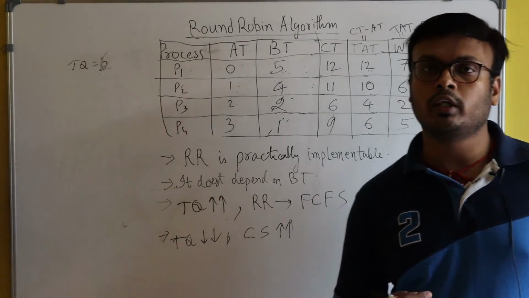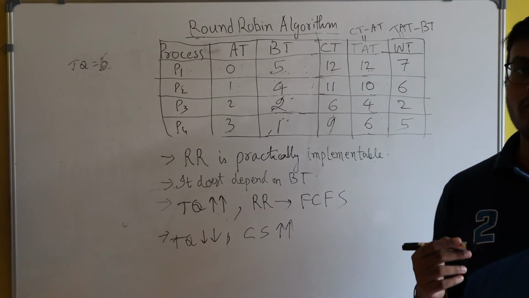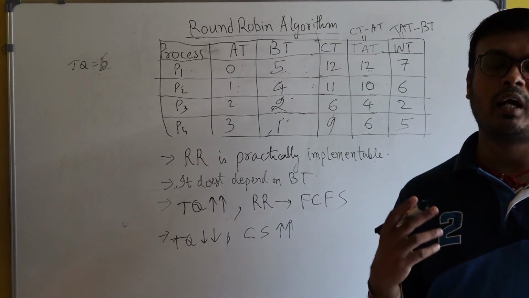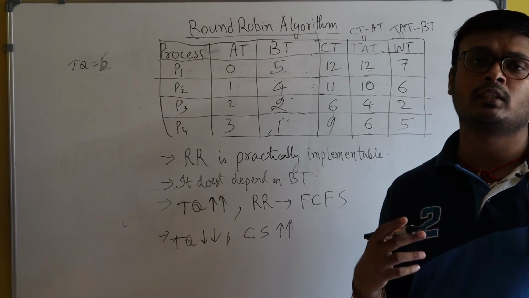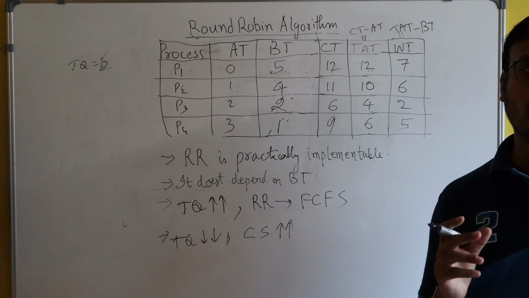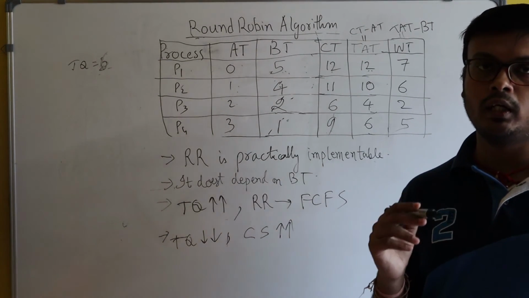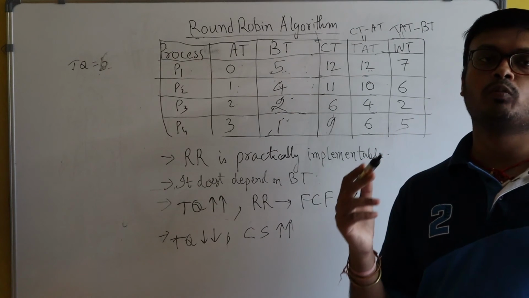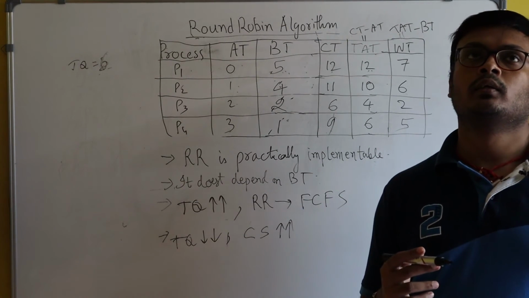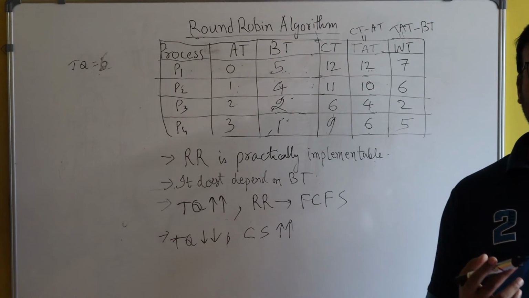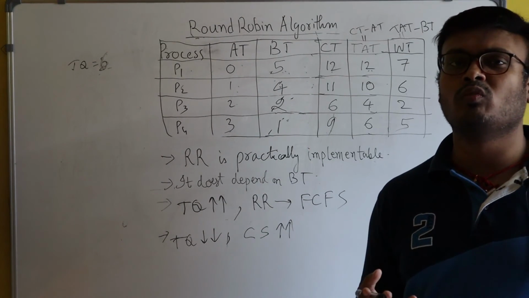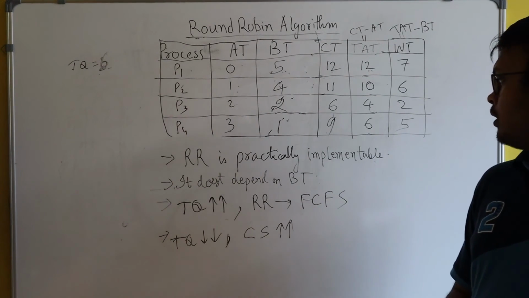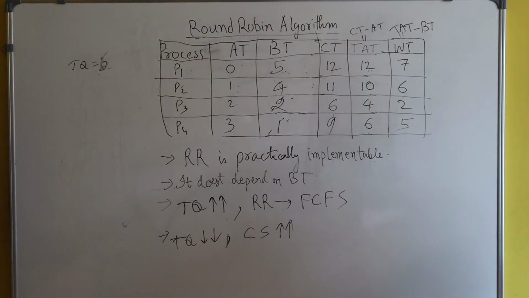We don't want too many context switches, because I already told you that whenever the CPU switches from one process to another, lots of saving has to be done, and this is considered overhead. We actually don't want these things to happen, but unfortunately they happen when the CPU switches from one process to another. Like program counters have to be saved, some registers have to be saved. These are overhead. So these are some important points of the round robin CPU scheduling algorithm.